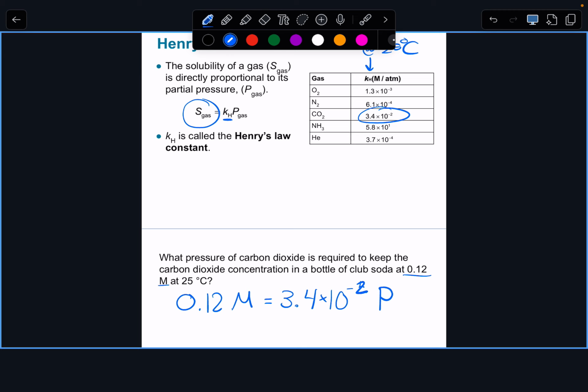Calculating this out, it comes to 3.5 atmospheres of CO2.